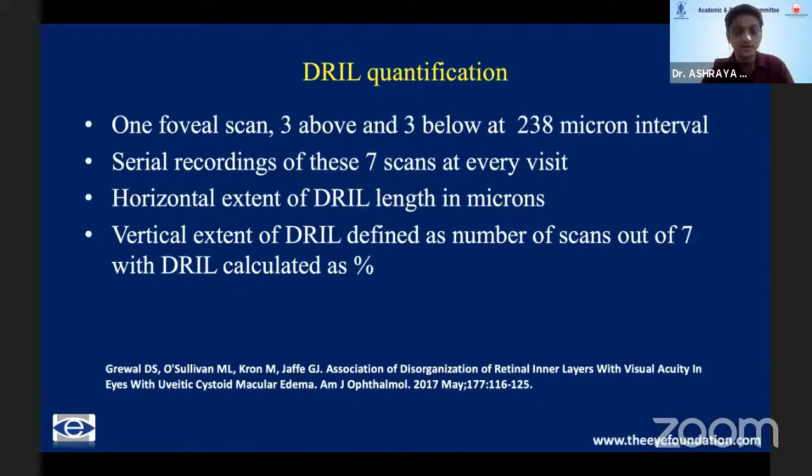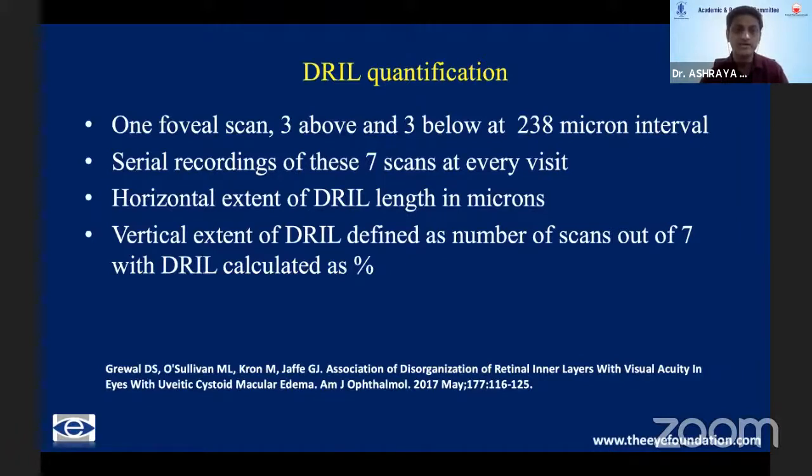After Sun et al. described DRIL in 2014, quantification of DRIL was done differently by different authors, but this quantification by Grewal et al. is very robust and repeatable. They took one foveal scan and 3 above and 3 below at an interval of 238 microns.